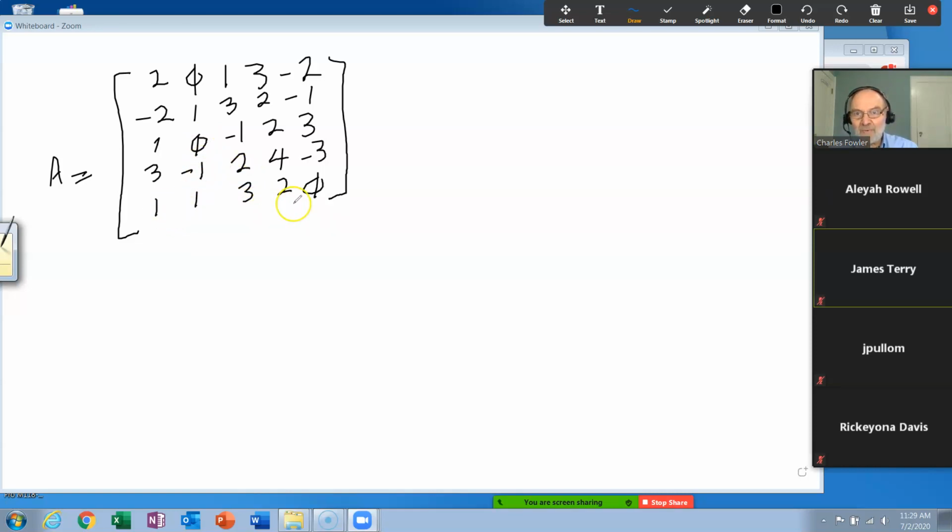Row 5 has 1, row 1 has 1, row 3 has 1, and column 5 has 1. But none others have 2. And the other bit of good news here is that your other non-zero entries here are all plus or minus 1, so they're going to add really easily to make zeros, right?